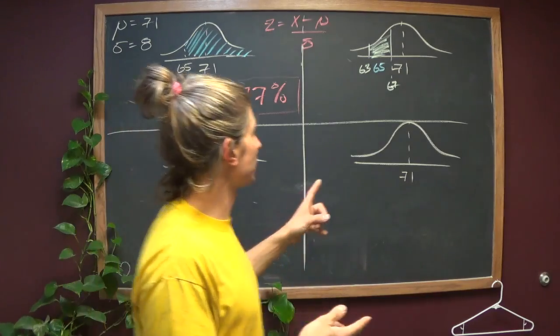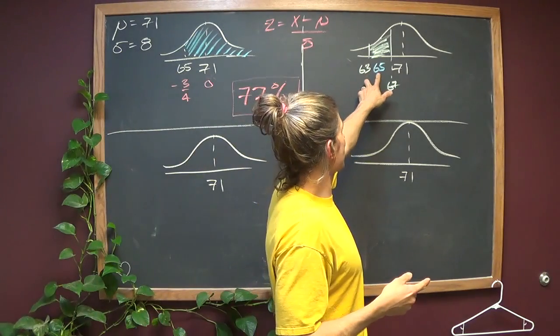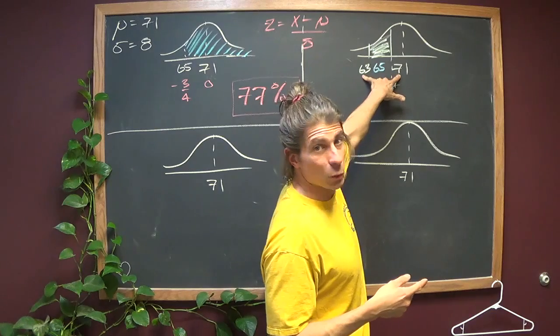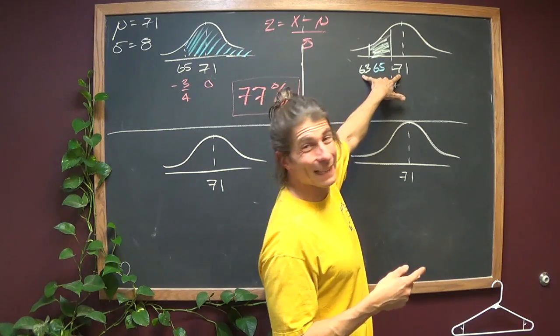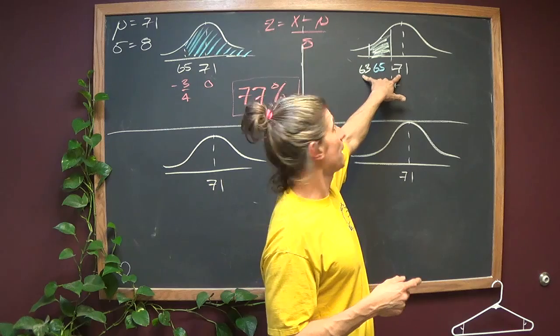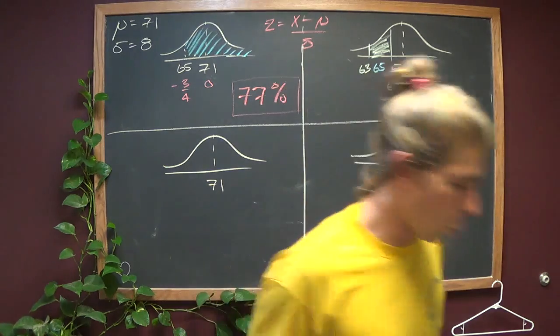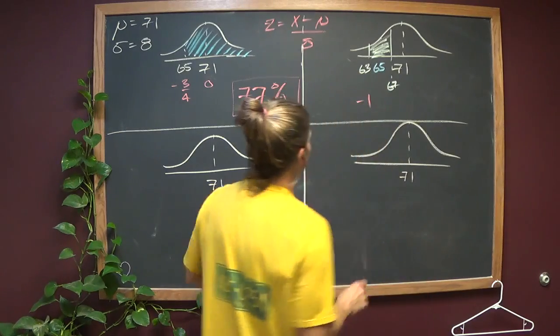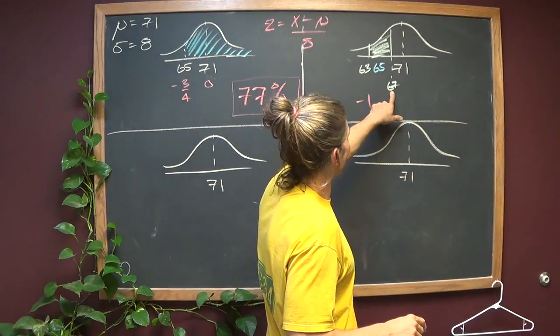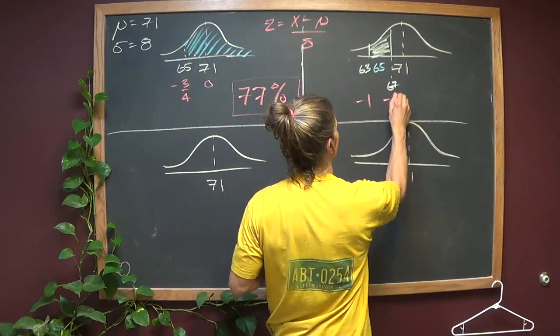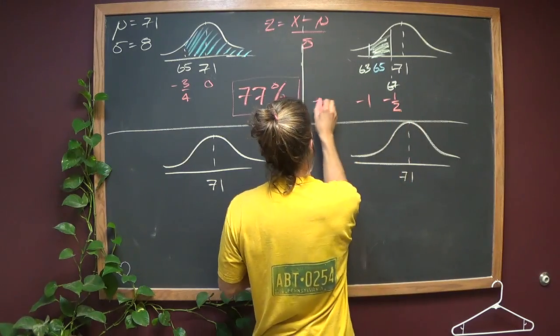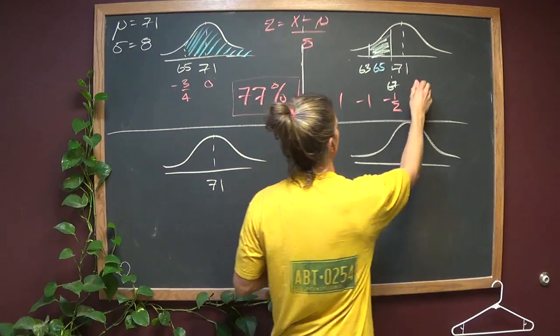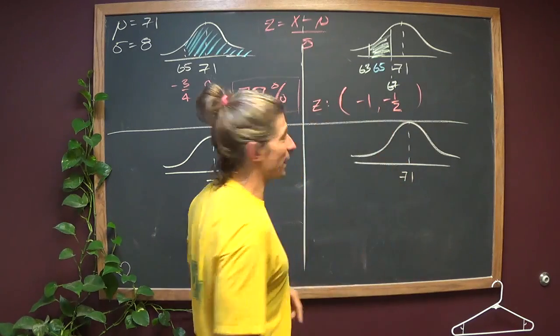So you want to change the 63 to a z-score. Since it's exactly 8 down from 71, the z-score is going to be -1 because it's 1 standard deviation down. And this z-score, since it's only half a standard deviation down, is -1/2.